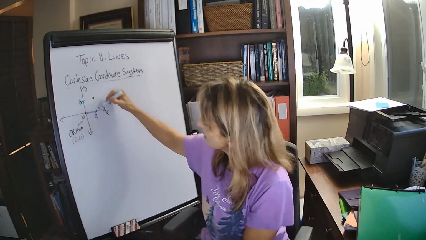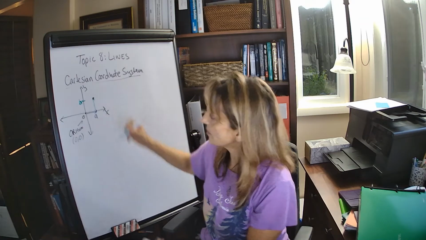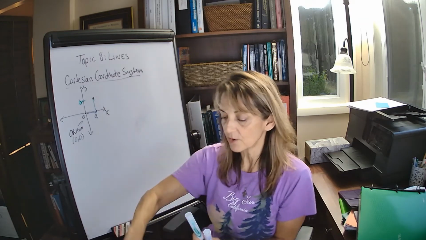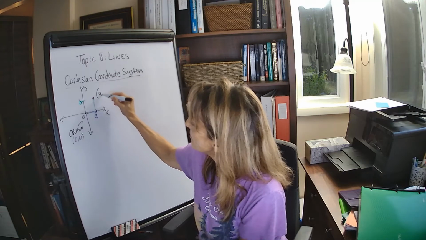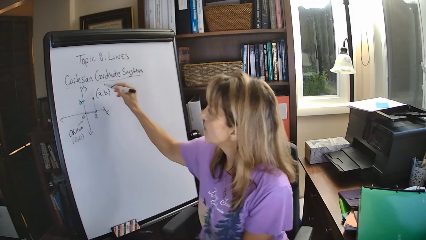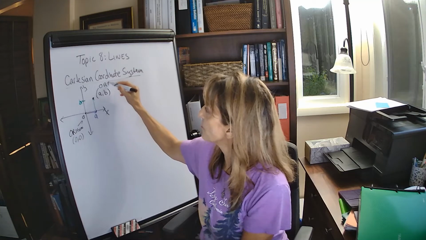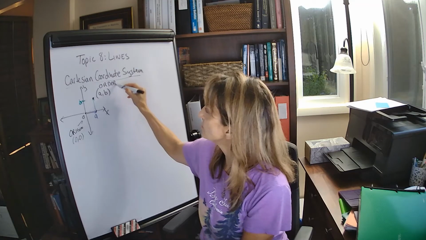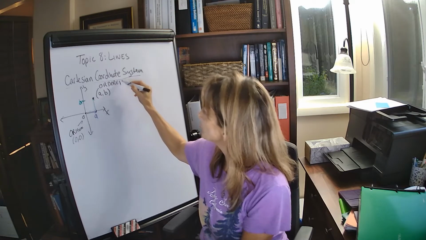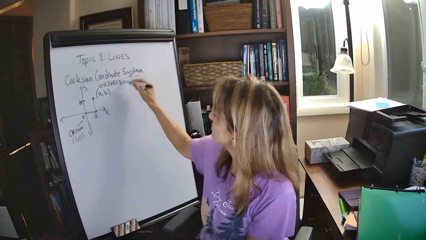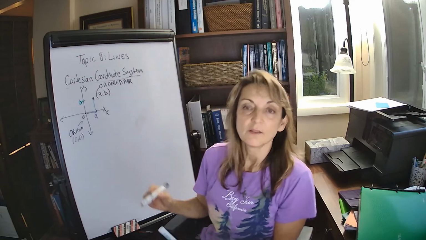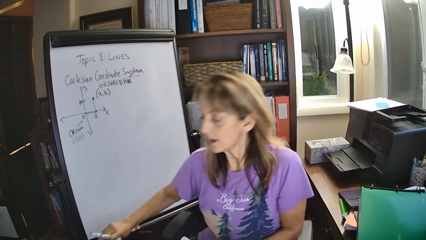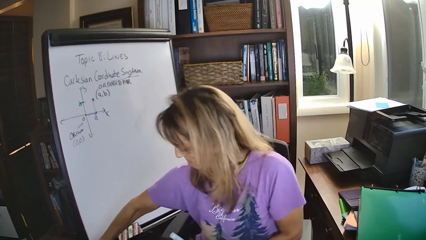So we come over a, and we go up to b, and together we identify that point by the numbers (a, b), which we call the ordered pair.